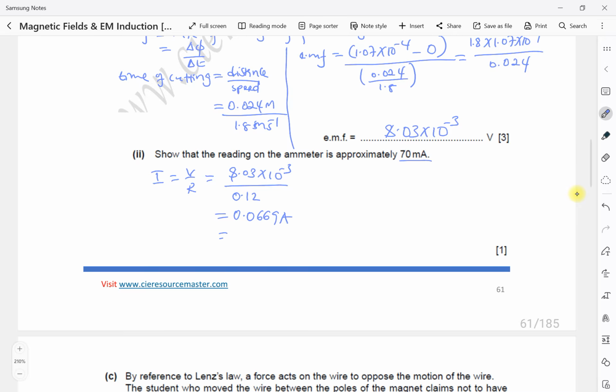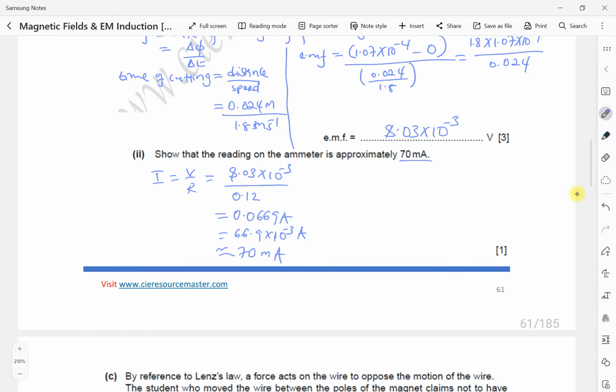If you change it to milliamperes, that would be 66.9. This is 66.9 times 10 to the power of minus 3 amperes, which is approximately 70 milliamperes if you round off to one significant figure.